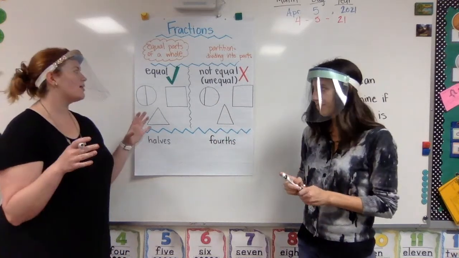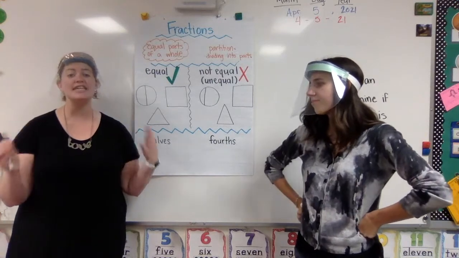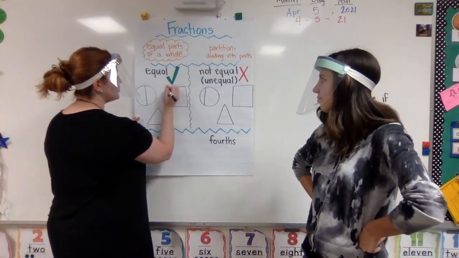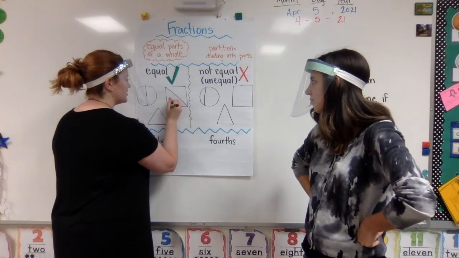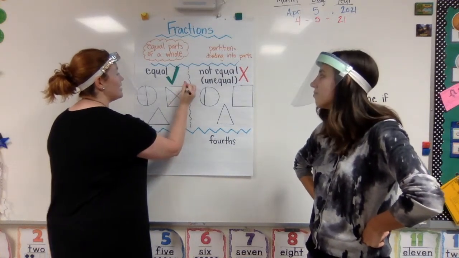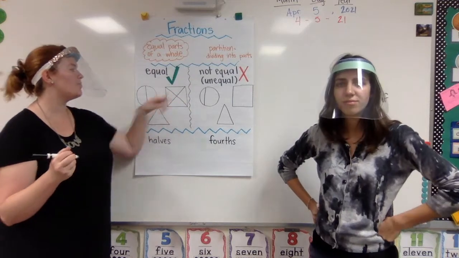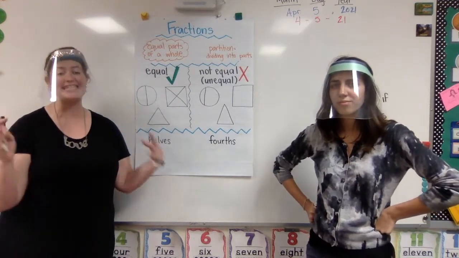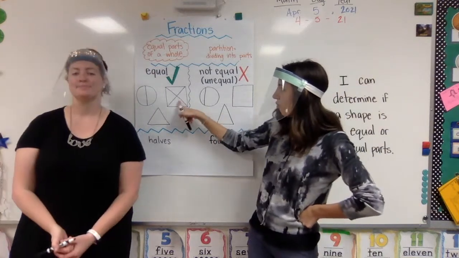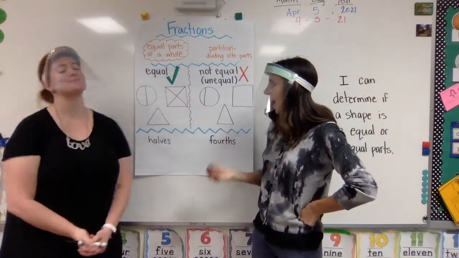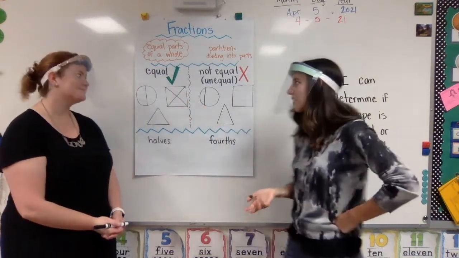Okay, well, if I wanted to partition a square into equal parts, maybe I will draw two lines like this. 1, 2. Now, I made 4 equal parts because each part is the exact same size. That's right, Miss Lynn. I can see 4 triangles in this square, and they all look pretty much the exact same.